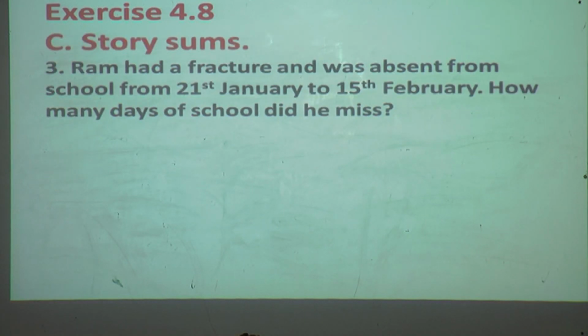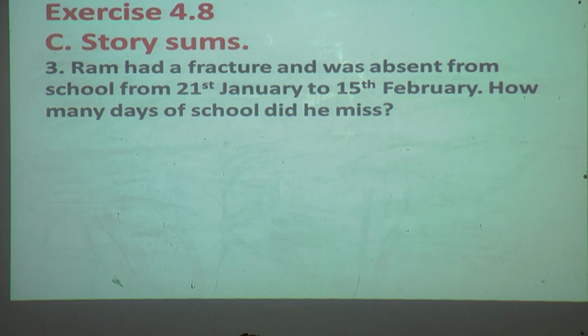Okay. Ram had a fracture and was absent from school from 21st January to 15th February. How many days of school did he miss? See the question: one student is there, Ram. What happened to him?